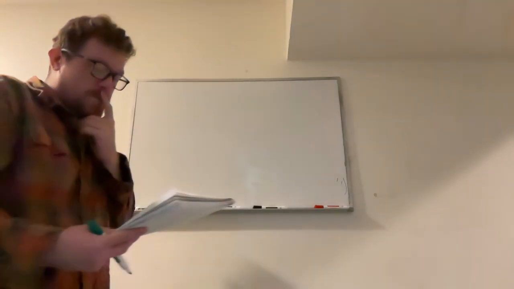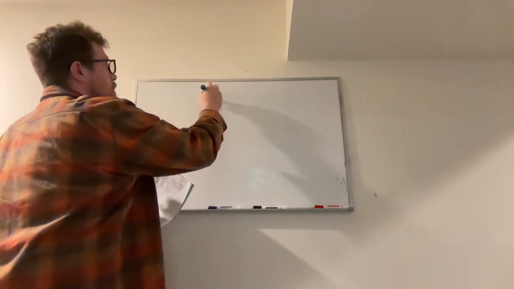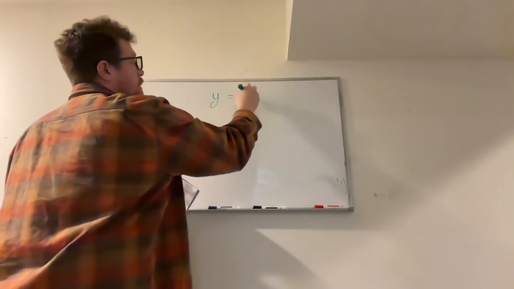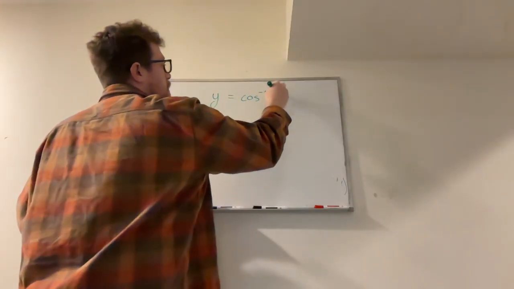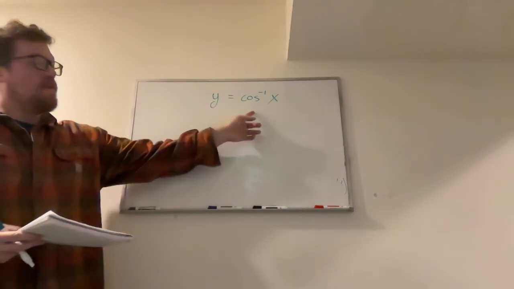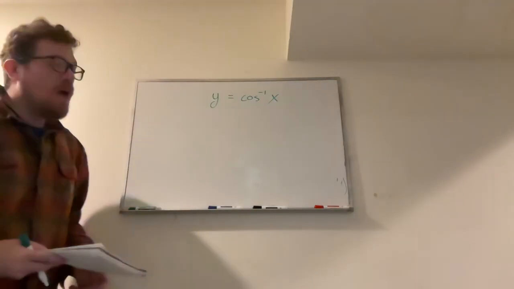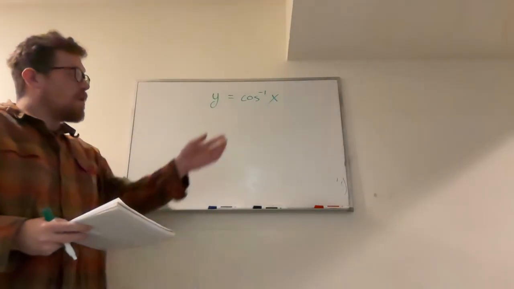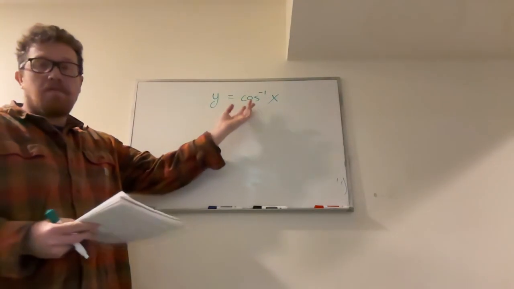Okay, so here, let's say that y is the function arc cosine of x. So this is the function that we want to find the derivative of, right? Well, we don't know what the arc cosine's derivative is, right?